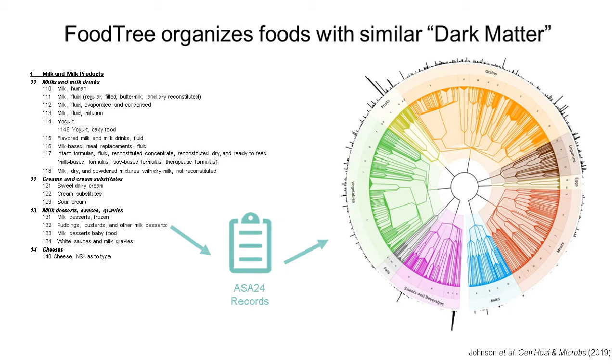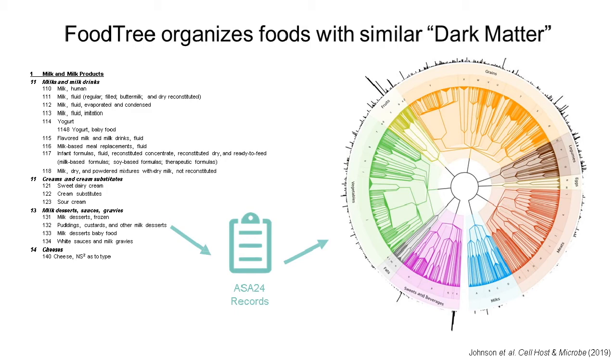So if you and I both ate a mixture of beans and vegetables, that would be a sign that we were more similar to each other than to someone who had eaten a mixture of grains and meats or eggs.